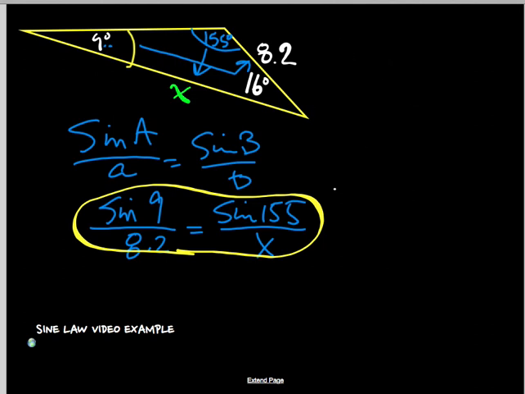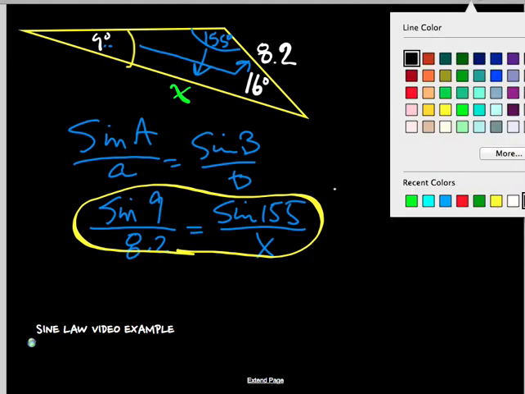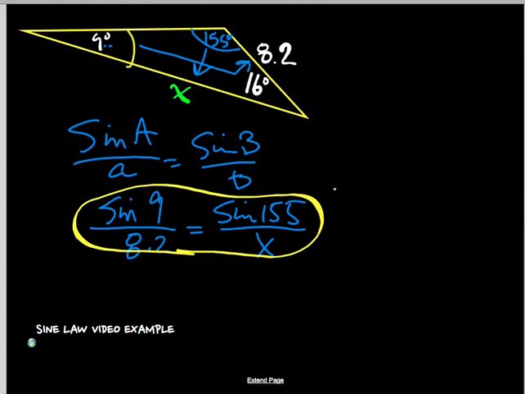So I get x times sine of 9. Oh, I am struggling right now. Sorry, kids. Here we go. x times the sine of 9 equals, and I'm going to cross multiply that, and I'm going to get 8.2 sine of 155.